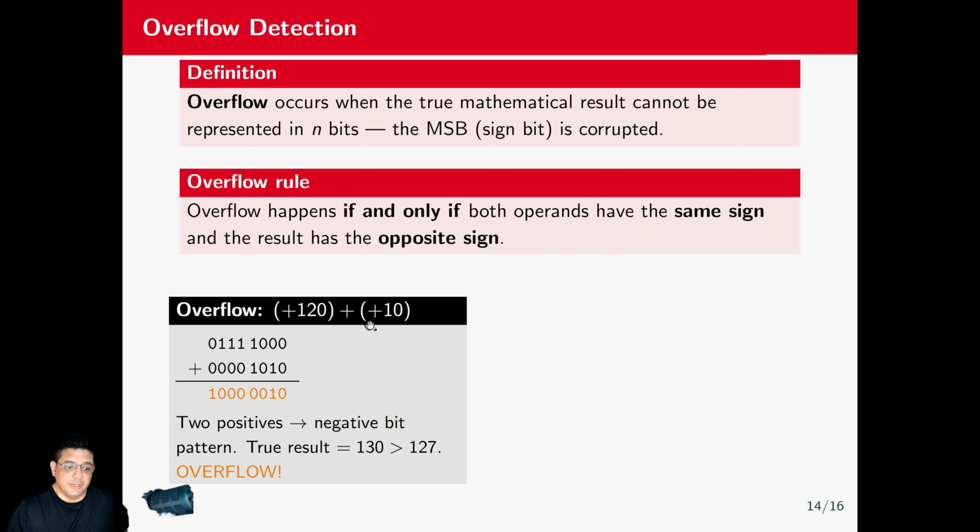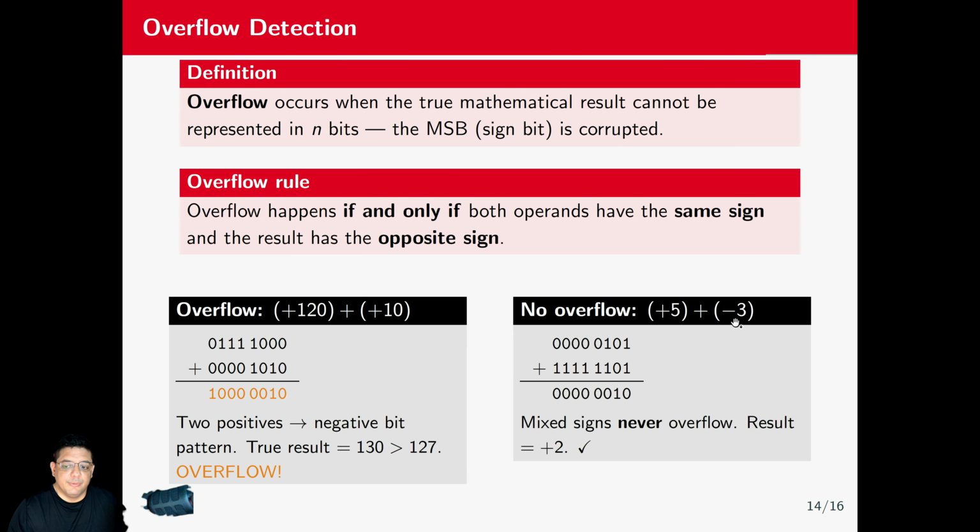So, for example, here we have 120 plus 10, really. We are adding two positives, but when we add, we get a negative bit here. And so the true result here is 130, which is bigger than 127, which is an overflow.